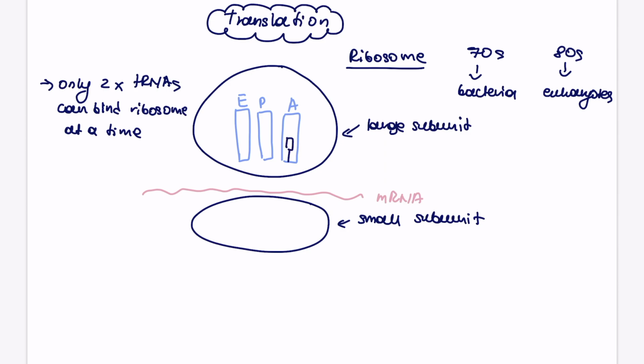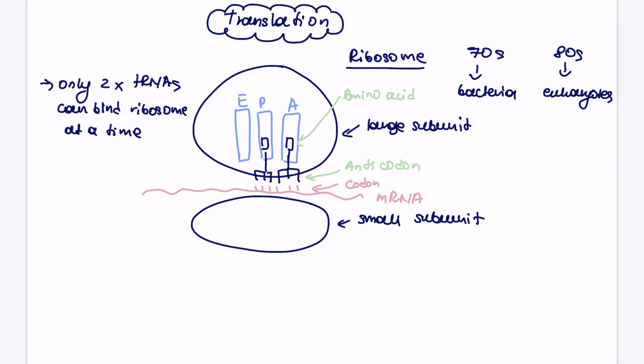I always simplify the tRNAs by this stage, because it's easier to draw them, but the structure is as they are on the previous page. I draw them with little amino acids attached at the top and the anticodons at the bottom. And the anticodons on tRNAs are complementary to codons on mRNA.